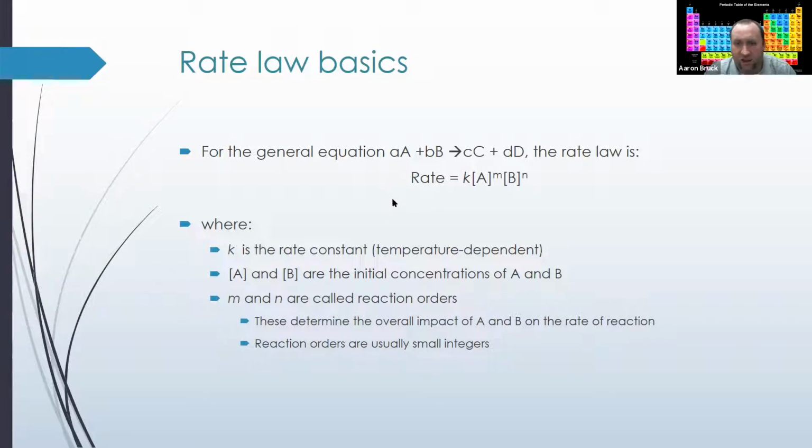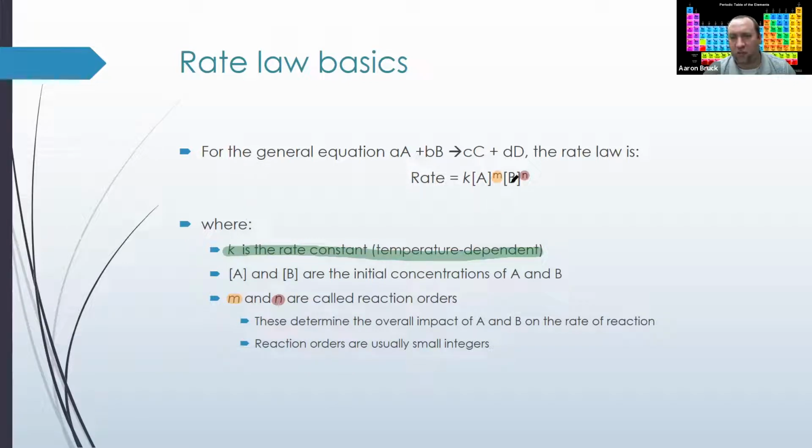And the rate of reaction is equal to k, the rate constant, multiplied by the initial concentration of A, raised to the power m. m is something called the reaction order for reactant A, and multiplied again by the initial concentration of B raised to the value of n, the order of reaction for reactant B.